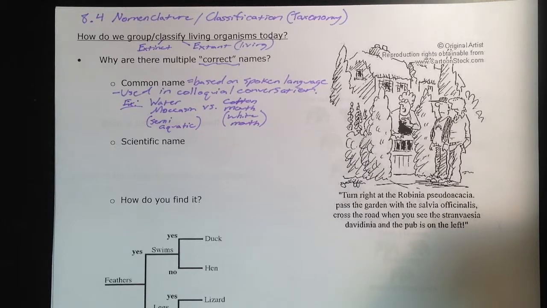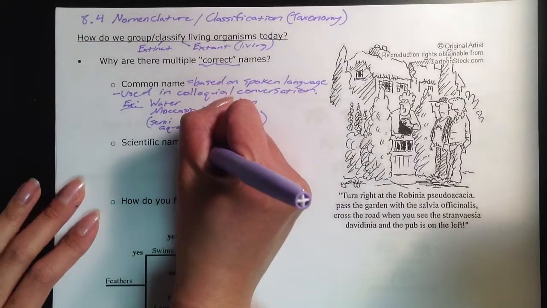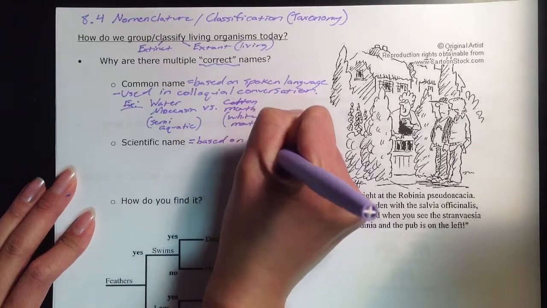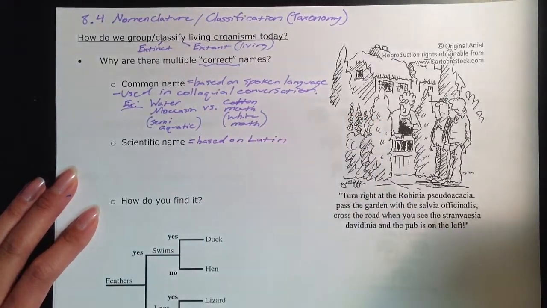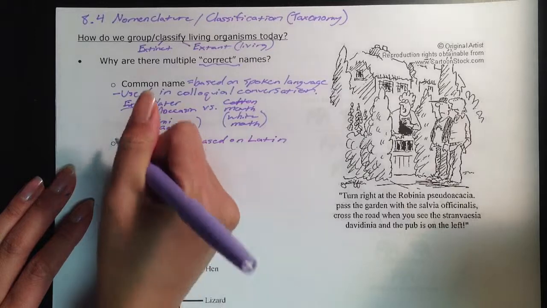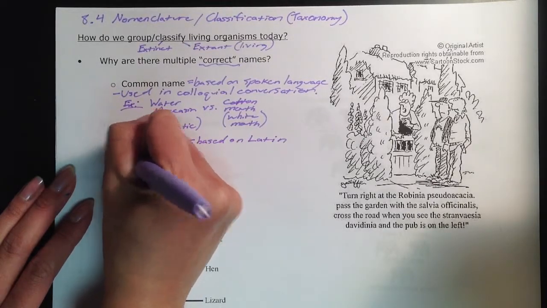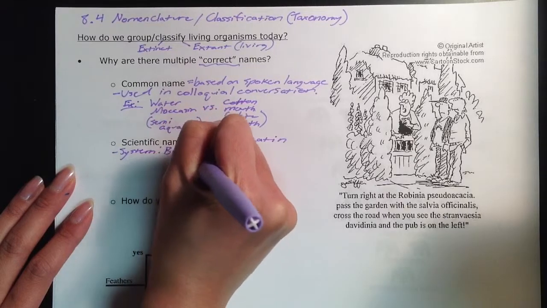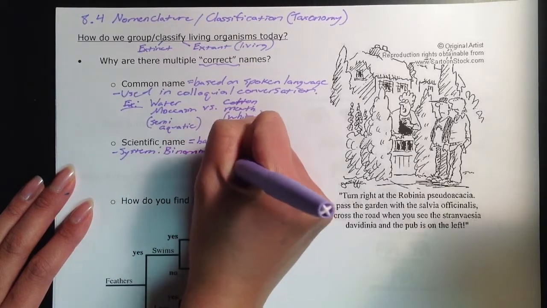However, when you look at a scientific name, this is going to give us more information. And the scientific name is based on the Latin language. And the system we use is known as binomial nomenclature.